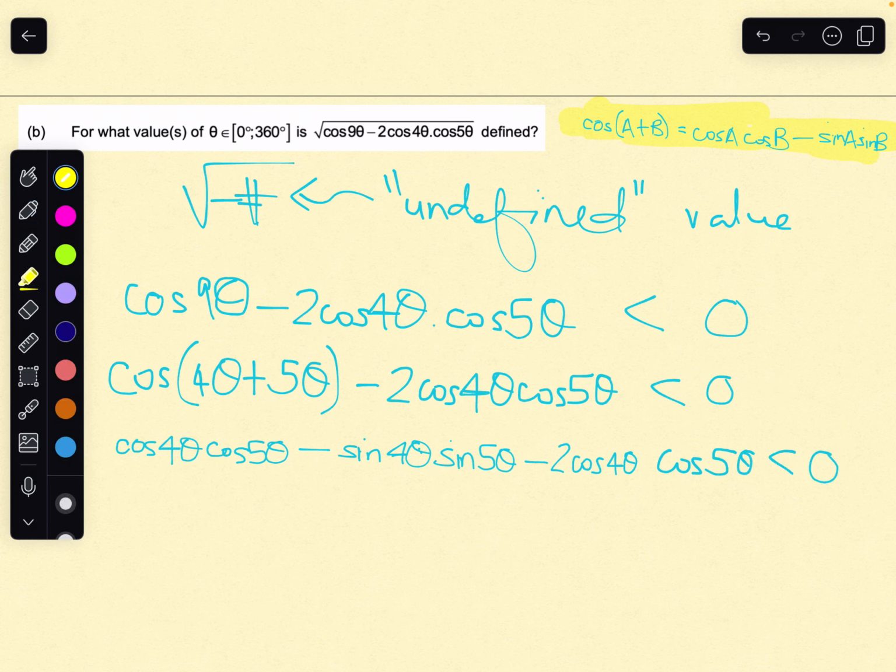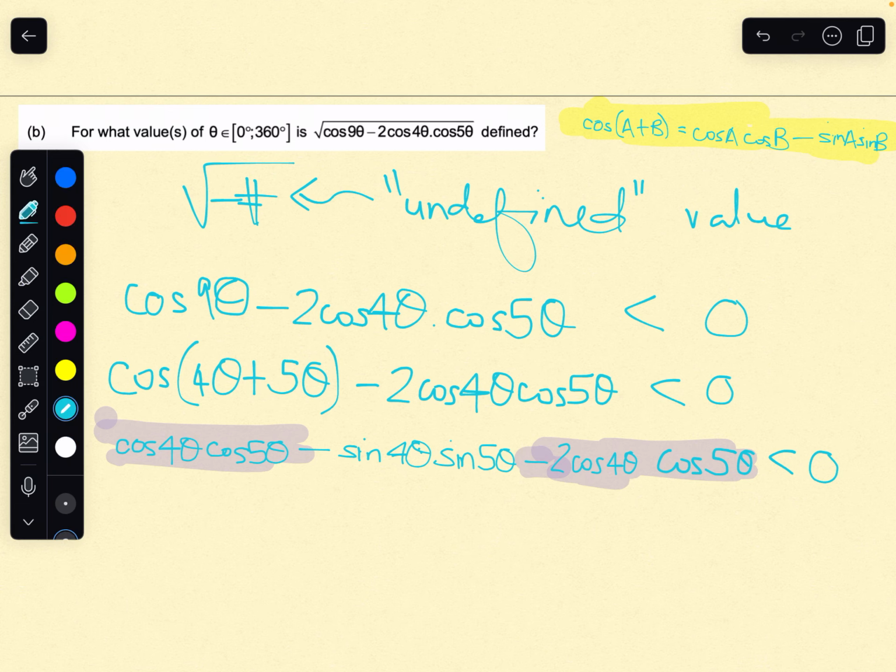And we do have some like terms. Let me use a different color. So these are our two like terms, cos 4 theta and cos 5 theta.